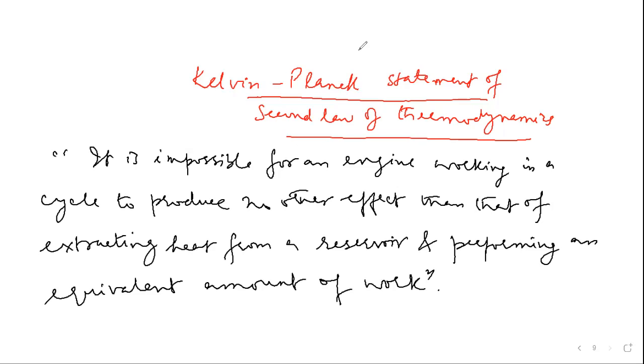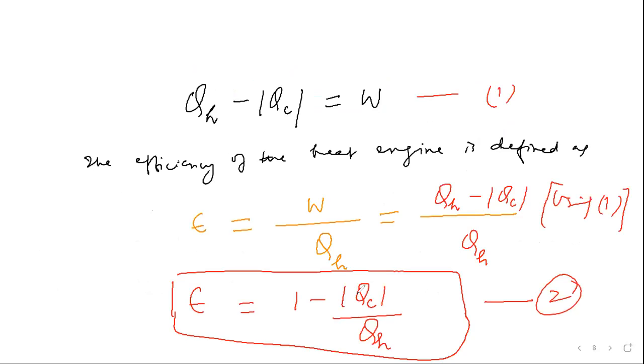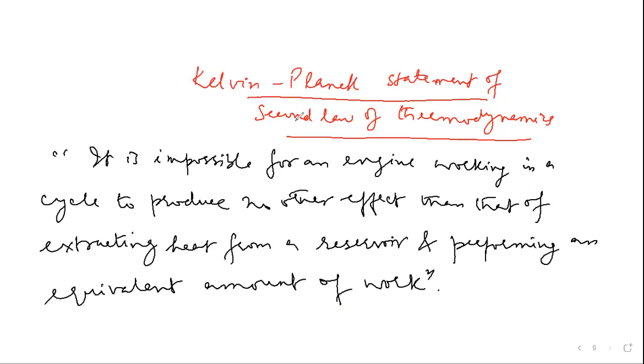Understand this statement. We said we cannot have a perfect heat engine. That means the efficiency of a heat engine cannot be 1. That in other words means it will always reject some heat. You cannot make QC 0, right? Max Planck and Kelvin have put this into this statement. It is impossible for an engine working in a cycle. Working in a cycle is important because our engine is working in a cycle.